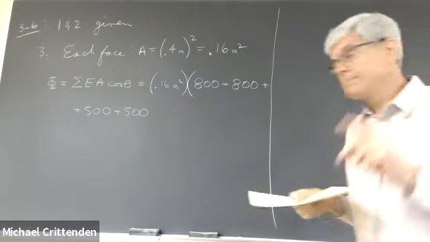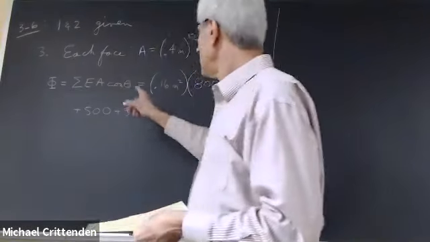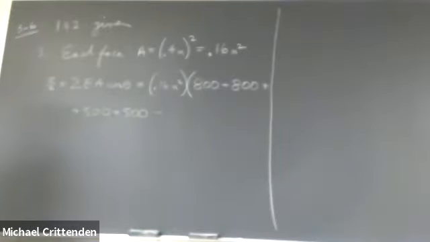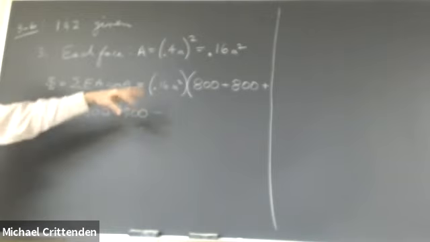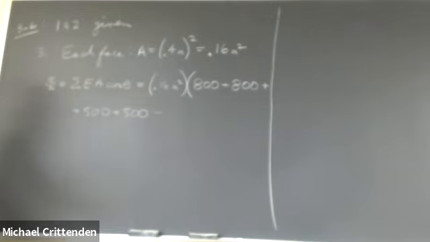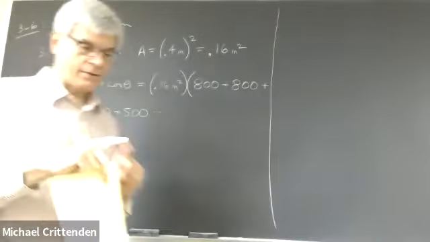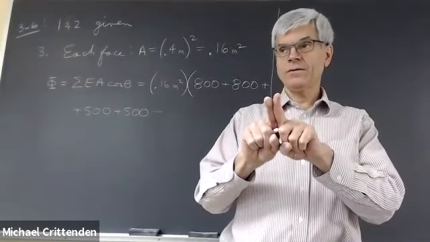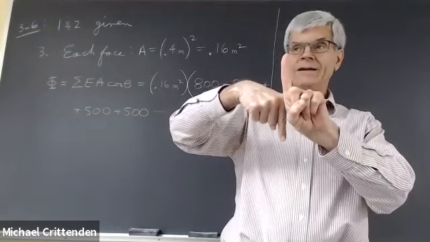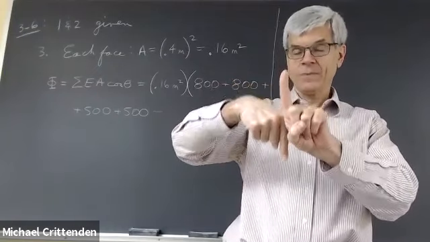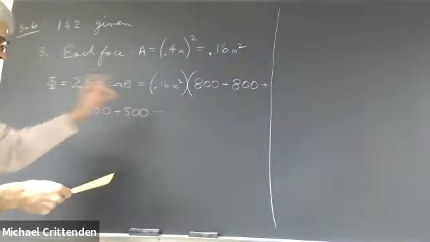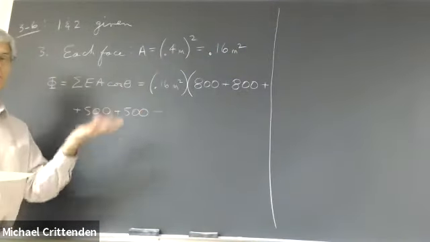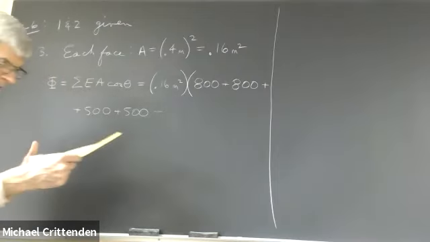For the top and bottom, the cosine factor is equal to -1, okay? For the four sides I've already taken care of, the area vector and the E vector are parallel to each other. But on the sides where the field points in, E and A are anti-parallel, cosine of 180 degrees. So flux is positive where the field lines point out, flux is negative where the field lines point in.